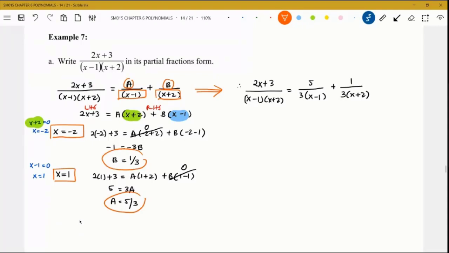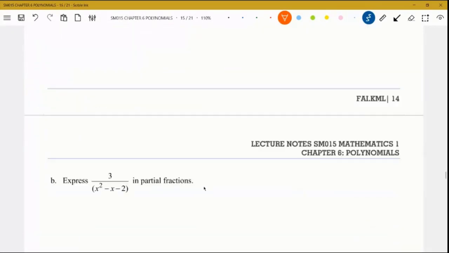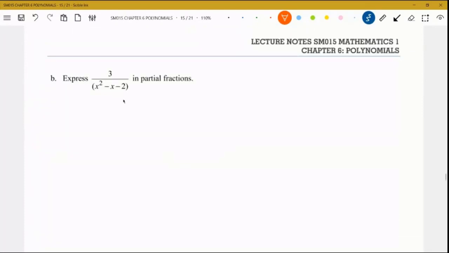Okay, we try again for the second example. Part B, where we have 3 over x square minus x minus 2. First thing, check whether it is improper or proper. Based on this one, obviously we know that it's a proper fraction because the bottom is bigger than the top.